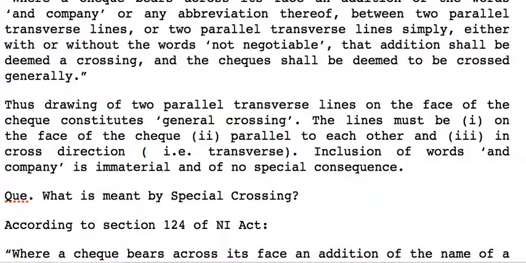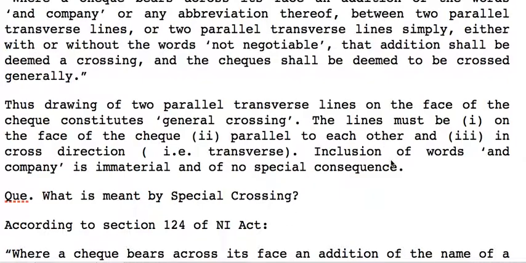Inclusion of the words "and company" is immaterial and of no special consequence. So general crossing is only two parallel lines, with the words "and company" or maybe "not negotiable." So it is called general crossing.